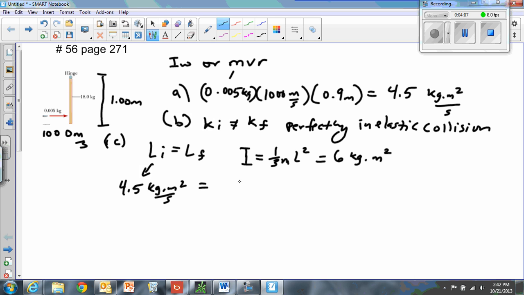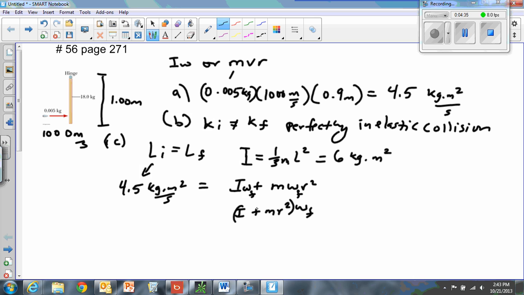And then that's going to equal I omega final plus m r squared omega final. So that's basically going to equal I plus m r squared times omega final.